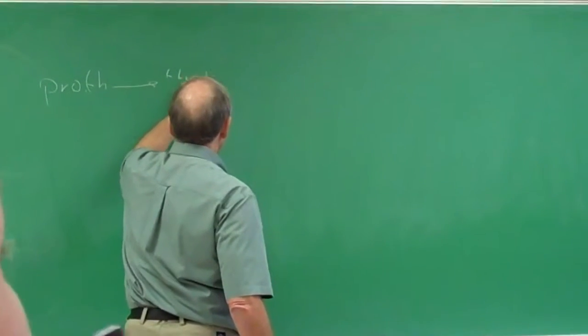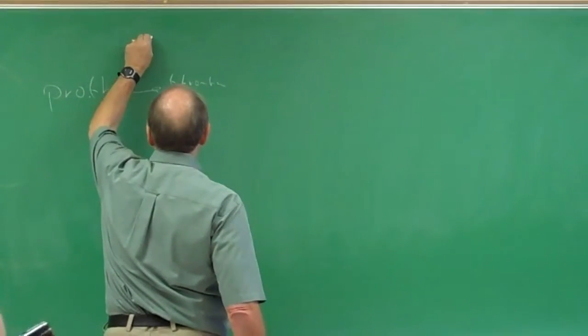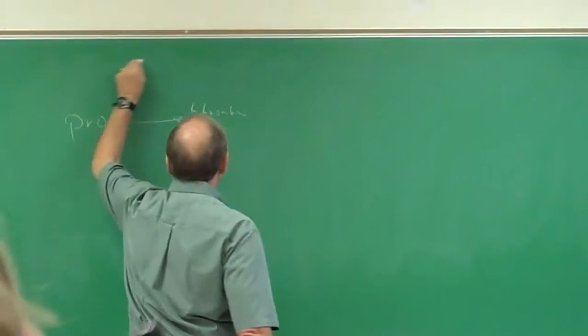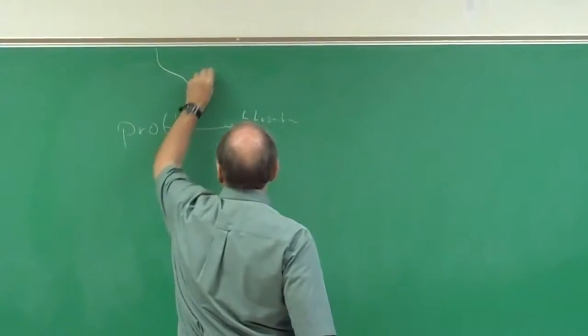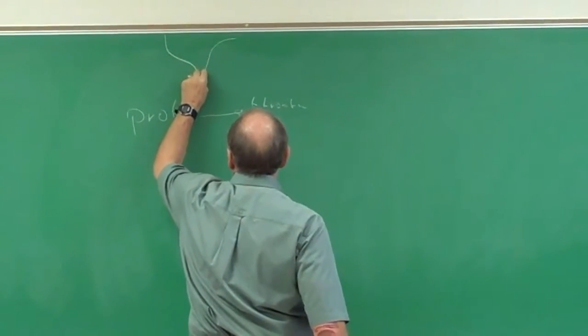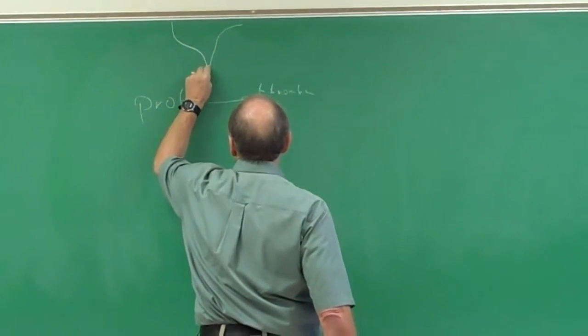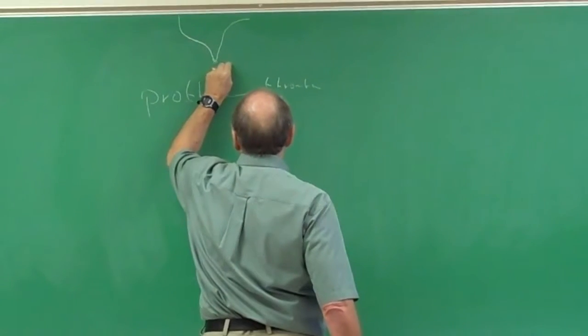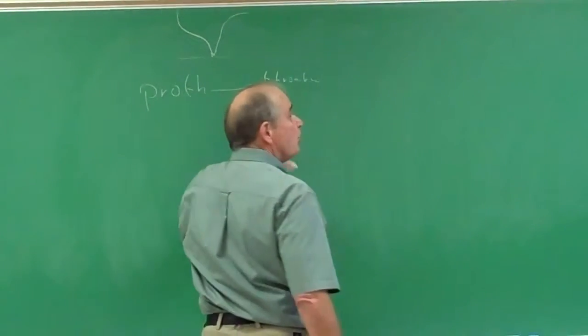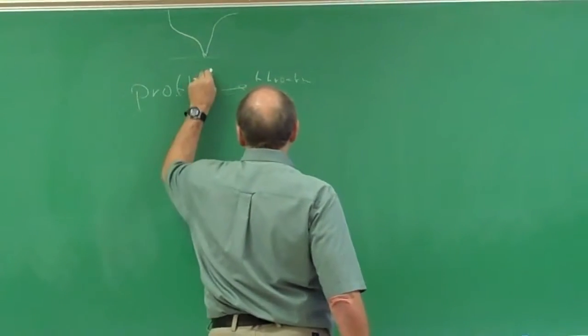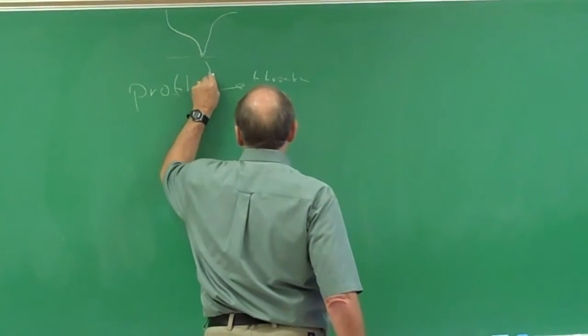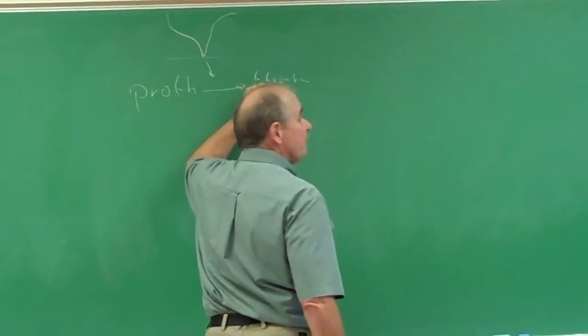We're going to have like 2 freight trains coming, one this way and one that way, and they're going to collide at this particular point. When they collide, they produce a substance called prothrombin activator, or prothrombinase.